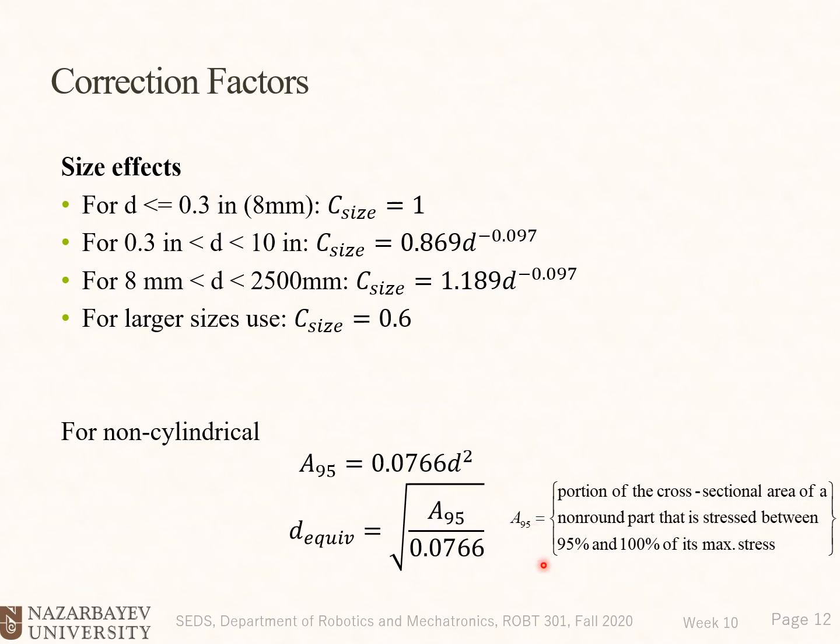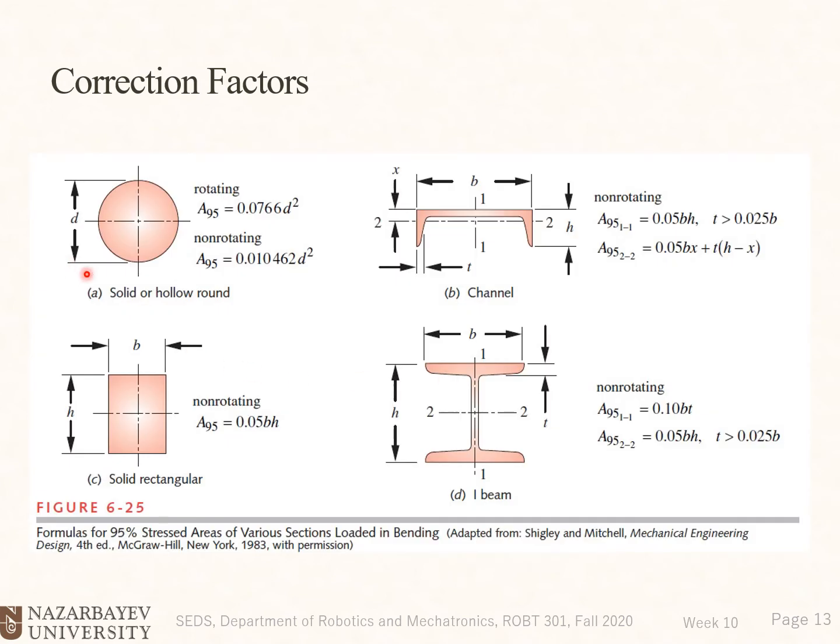So what is A95? An A95 is a portion of the cross-sectional area of a non-round part that is stressed between 95% to 100% of its maximum stress. So here you see that for different cross-sectional areas, we have different A95.